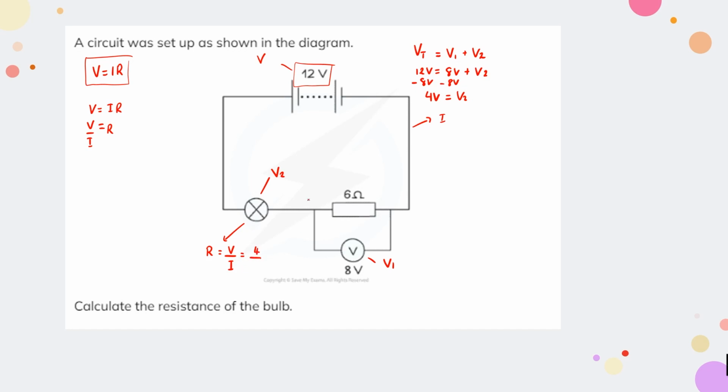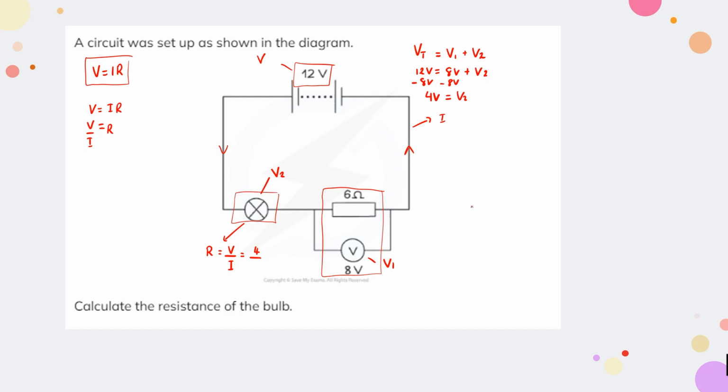Okay, now the current. It states that the current is the same everywhere. So we have the current flowing over here, conventional current. It's going to be the same at any point. Okay, that means the current at this point over here will be the same as the current at this point. Okay, a series circuit.